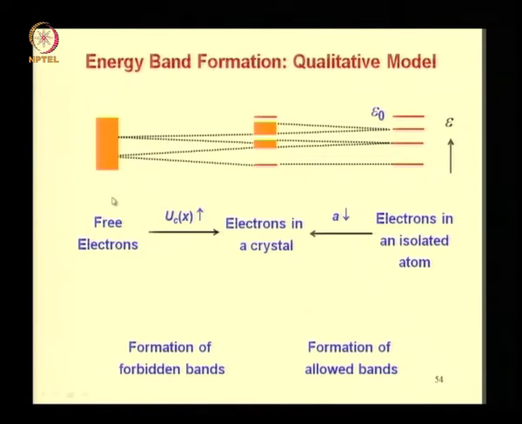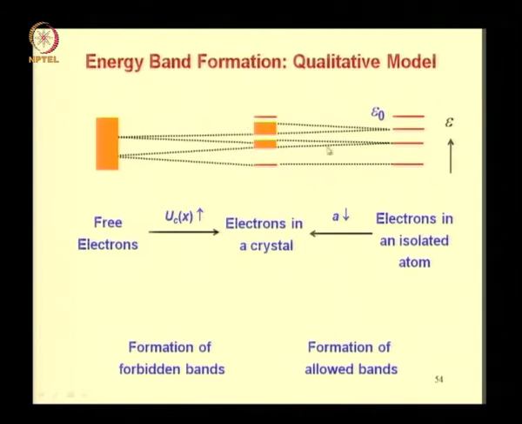So this is a simplified diagram representing the formation of allowed bands from allowed energy levels in isolated atom, or formation of forbidden bands from a continuous band of allowed energies of free electrons. Okay?